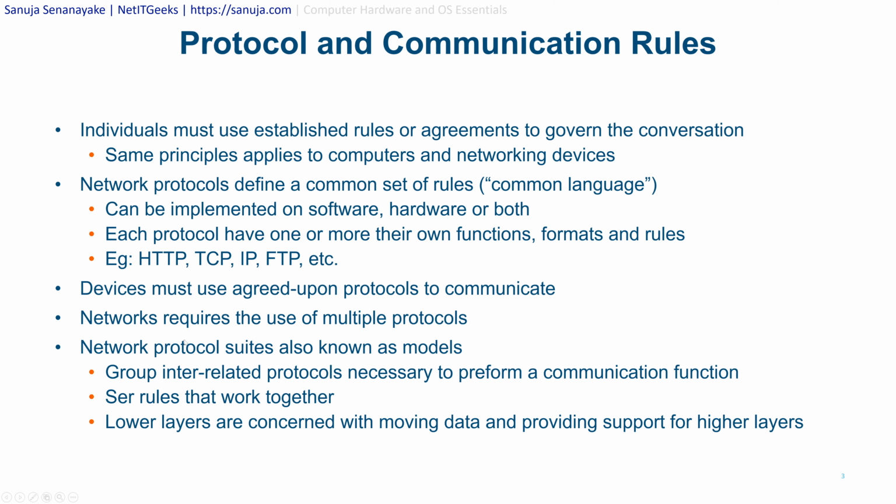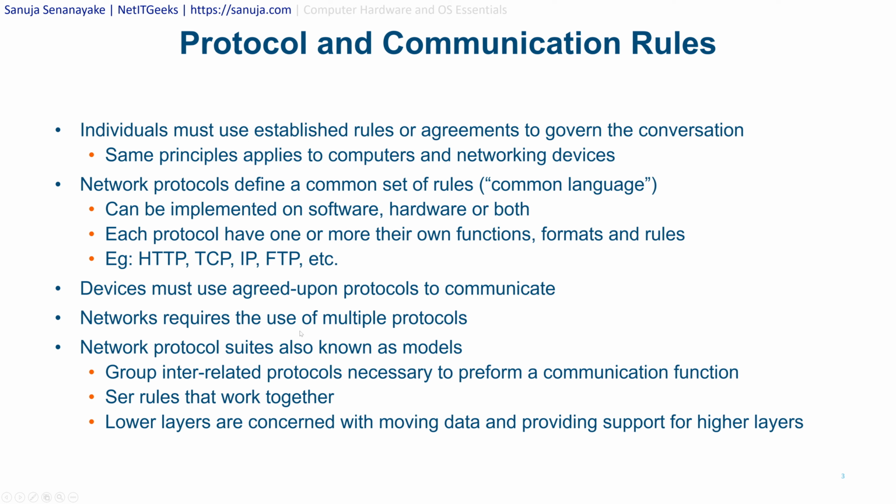Networks require the use of multiple protocols. Whenever you access a network, it is probably not going to use just HTTPS. It's going to use TCP/IP, HTTPS, and many other protocols to make that connection work.